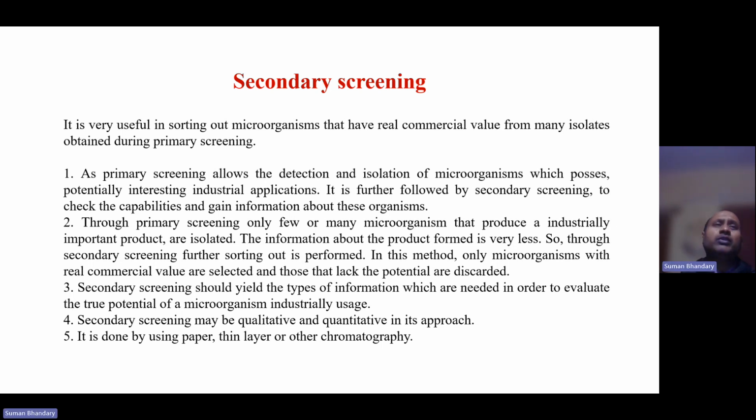So there are two types of secondary screening technique. One is known as qualitative secondary screening. Another one is the quantitative secondary screening.